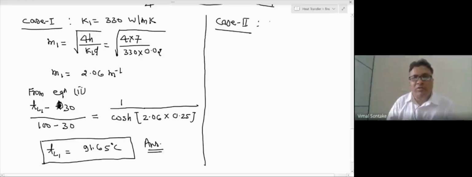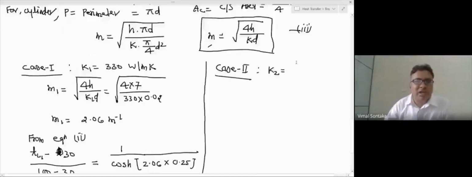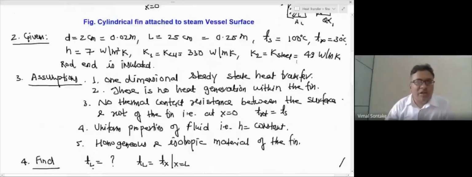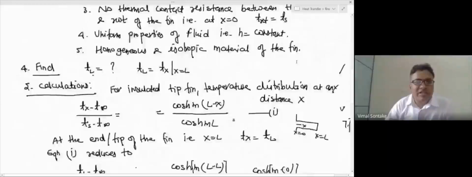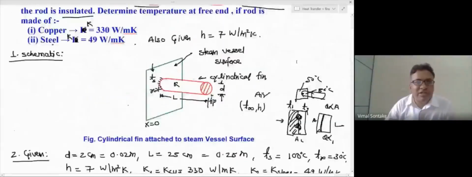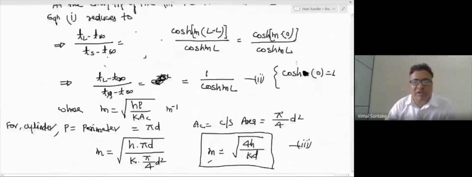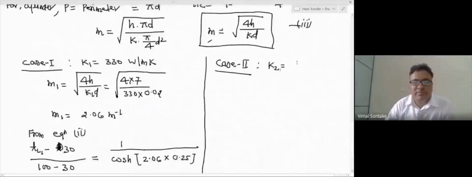Case 2, when thermal conductivity is given as, please, what is that value? All of you can turn on your mic, no issue, so that every one of you can speak. 49 watt per meter Kelvin.